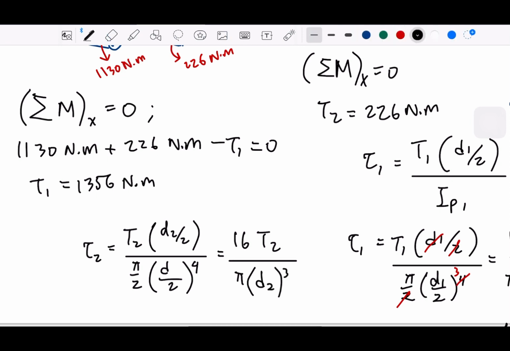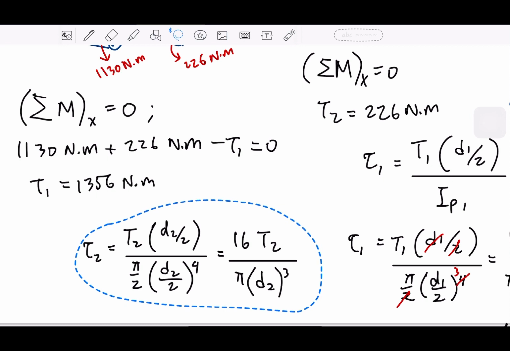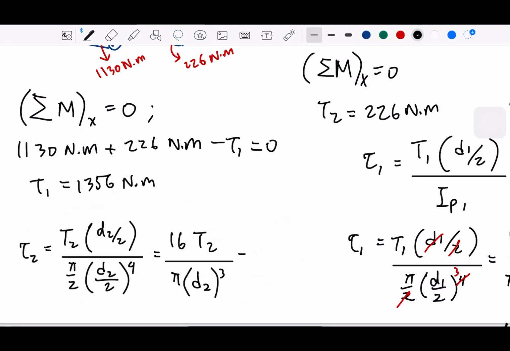This is d2. So this need to be equal with the allowable. So we plug in this stress 60. T2, we know the T2 is this. Okay. We put here, and then we get the diameter.